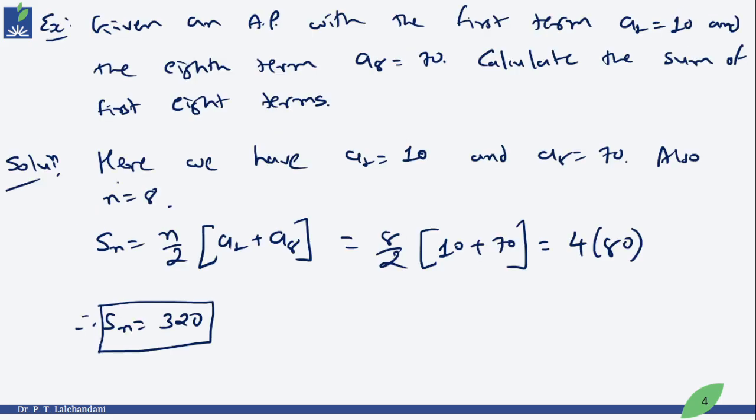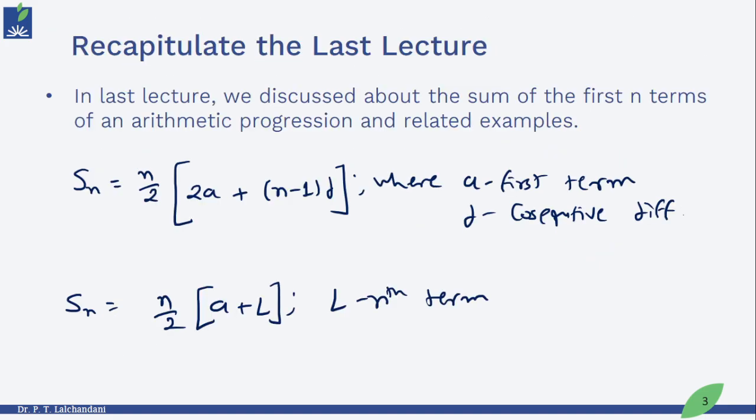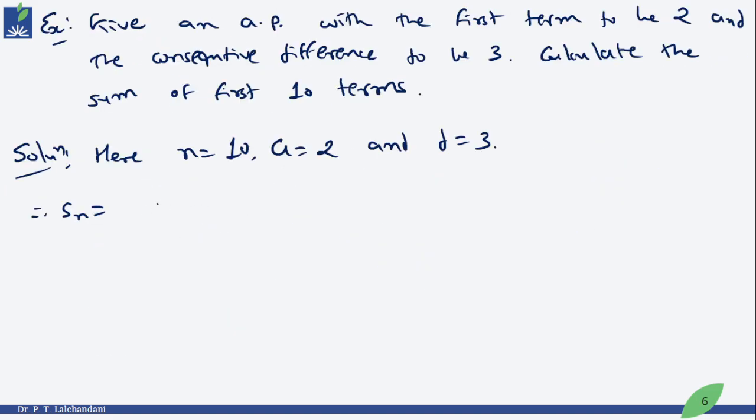Again, let us see the formula. The formula is n by 2 twice a plus n minus 1 d. So we'll use the first formula in this case. Sn is equal to n by 2 twice a plus n minus 1 d.